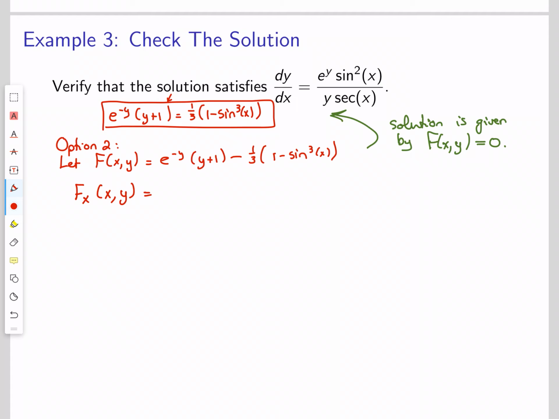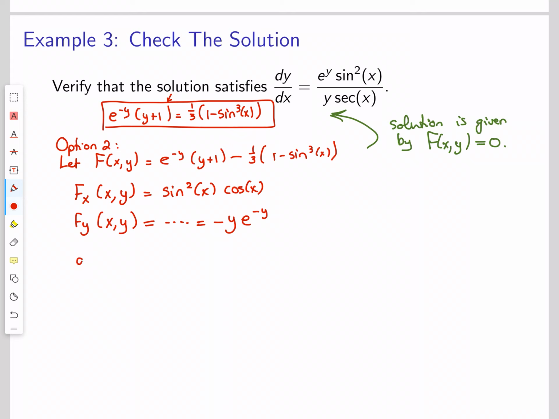So we just take the derivative of the minus 1/3 times 1 minus sine cubed x, and you end up with sine squared of x times the cosine of x. If we take the partial with respect to y, they are now treated as two independent variables. So we only have to differentiate the first term, e to the minus y times y plus 1. I'm going to leave that as an exercise, but you'll find that this is minus y times e to the minus y by applying the product rule.